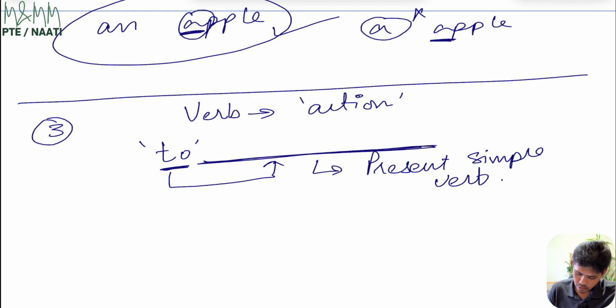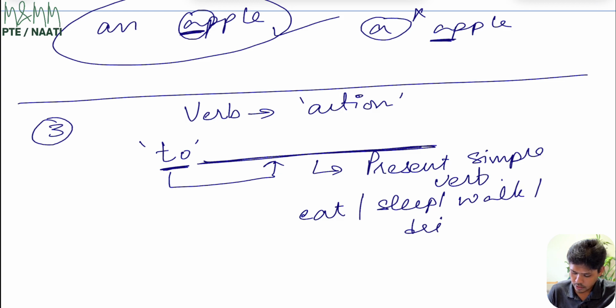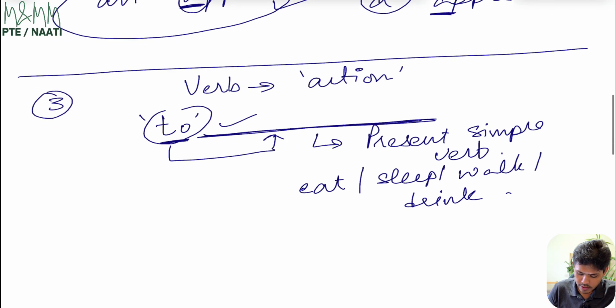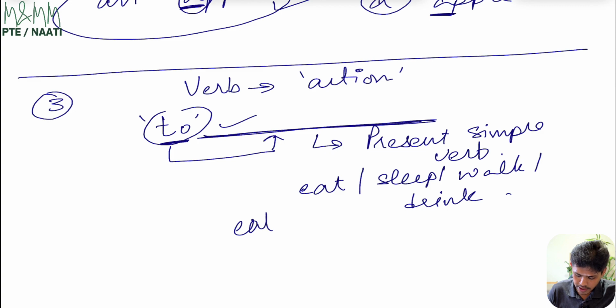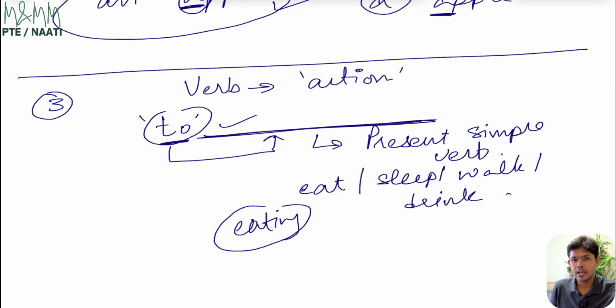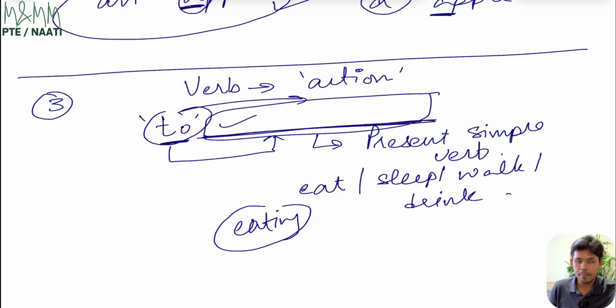For example, eat, sleep, walk, drink, etc. So "to eat" is right, but you cannot say "to eating". Again, it's the ing form, it's present continuous. It has to be present simple tense only. So the verb you use after "to" has to be present simple only.